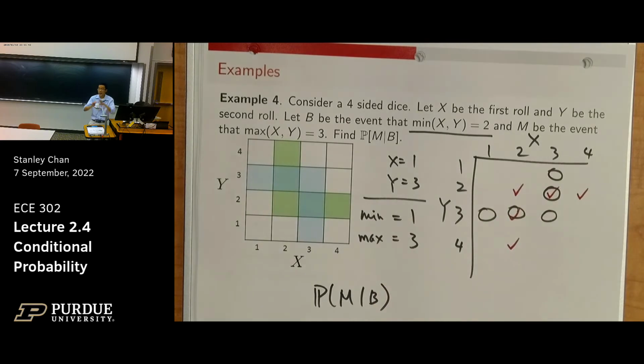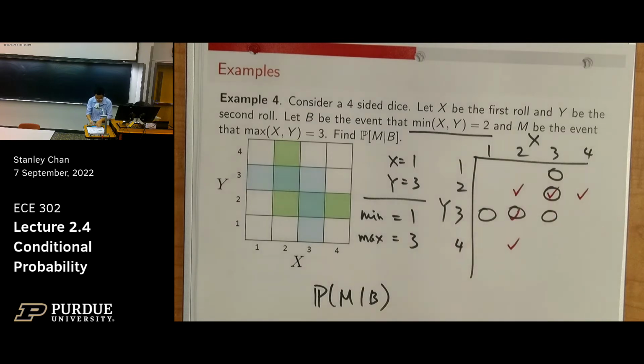I'm looking at a restricted space, which is defined by all the checks. Within this restricted space, I'm looking at the event that M will still happen, which are the circles. And you've got to look at the intersection of the circles and the checks.